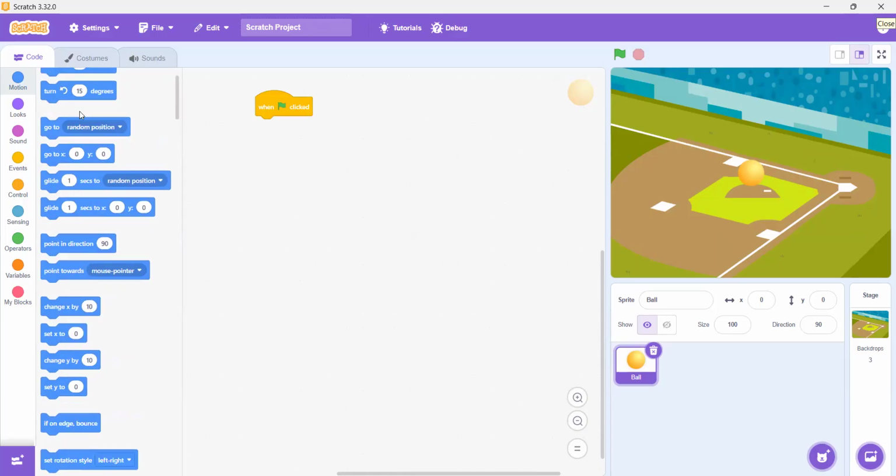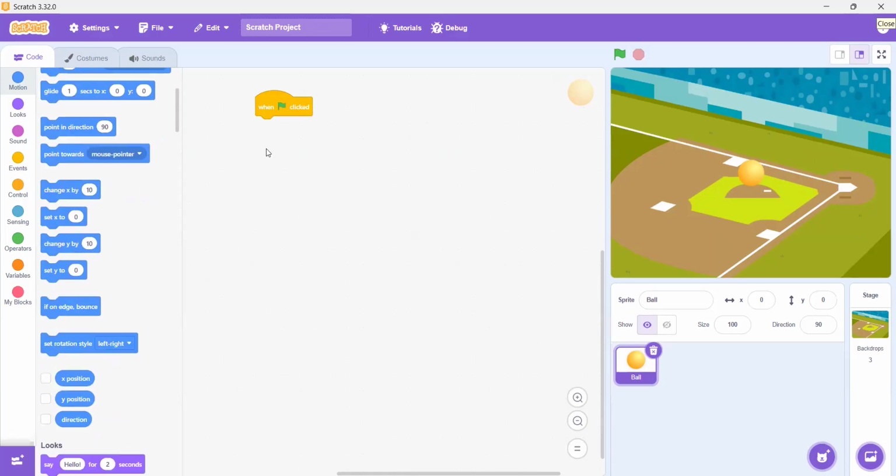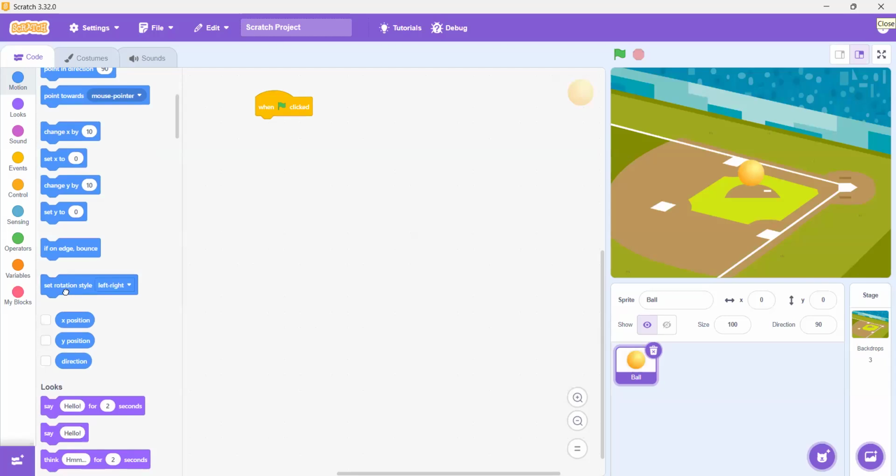From motion, I am selecting, there are many options, you can see that, but I want the direction. So I'm going to direction, set rotation style. Now rotation style has options like left, right. It also has don't rotate, also has all around. But I want left, right. Okay.